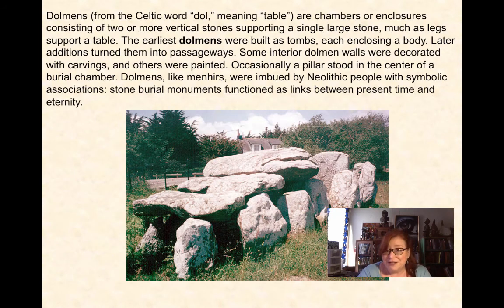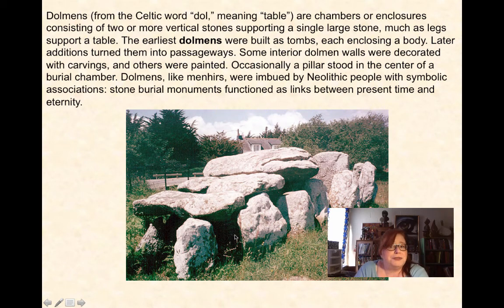And then dolmen comes from the Celtic word dal, which means table, and this is a color version of what we had earlier. So now I'm going to talk a little bit more about this one. They're chambers or enclosures consisting of two or more vertical stones supporting a large stone or a capstone, the way that legs support a table.